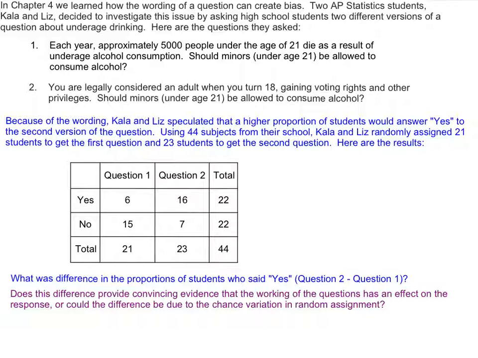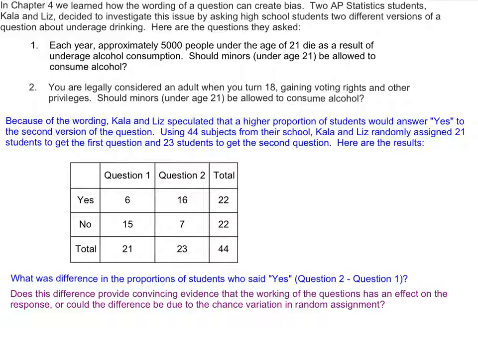Interesting project that was done here, just another example of the things that you can do with 2 sample procedures. We've talked about bias, we've talked about wording of question bias, and we've just said, hey, perhaps the wording of the question could tip us off to the fact that there's some bias there, but these students took it a step further and posed these 2 different questions to 2 different random samples to see could they even gauge the extent of the bias.